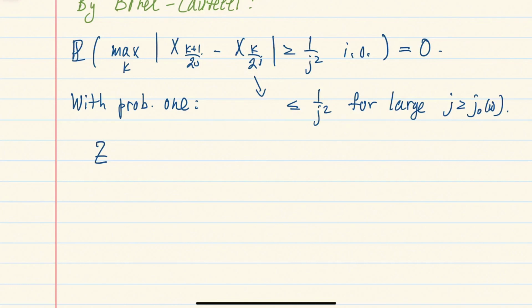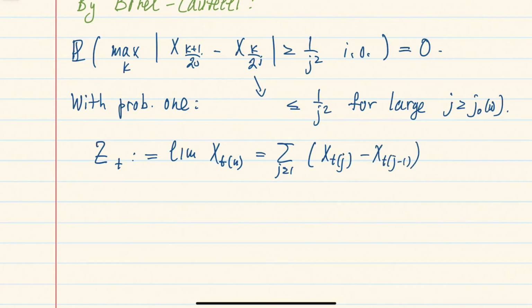Of course, this implies that the z_t, or the limit of dyadic approximations, which now you can also write as a telescopic series of the increments, this series or this limit exists on this event for such omega, right?